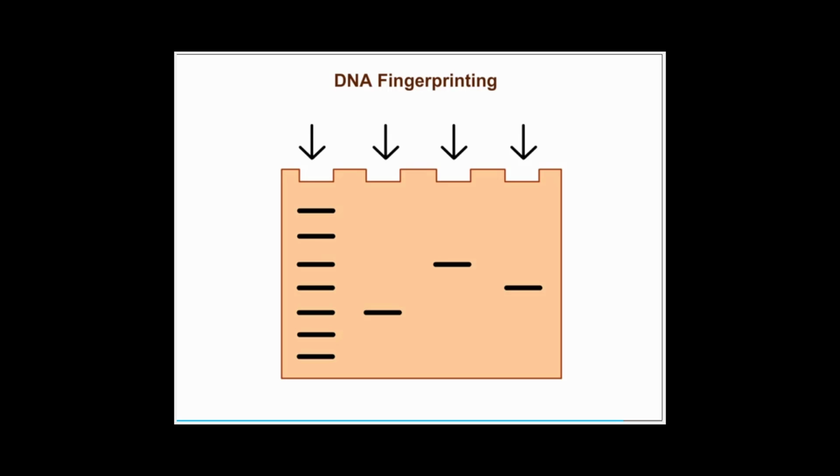VNTRs from different loci can be combined to create a DNA fingerprint, and if enough sites are used, each individual's pattern is theoretically unique. DNA fingerprinting can thus identify specific individuals in a large population.